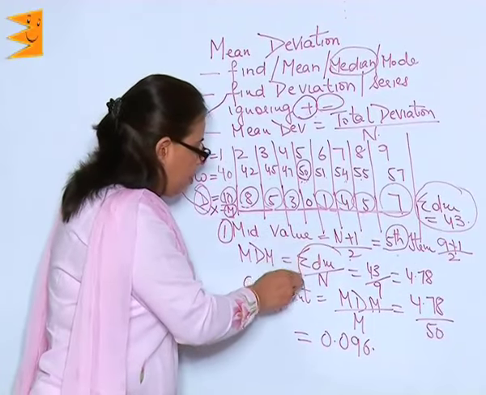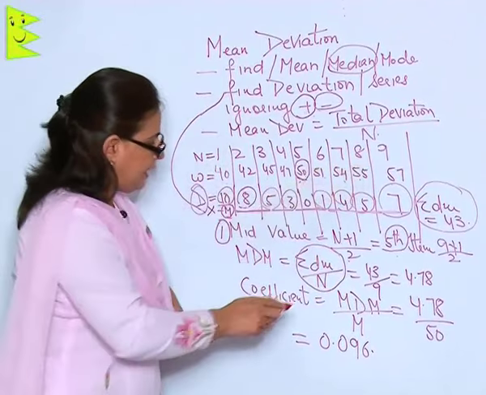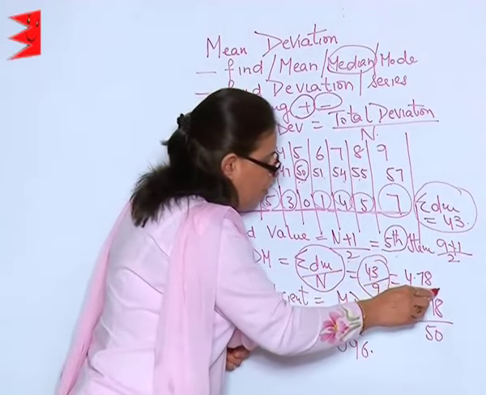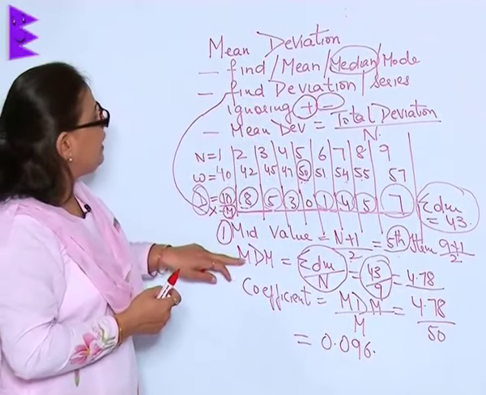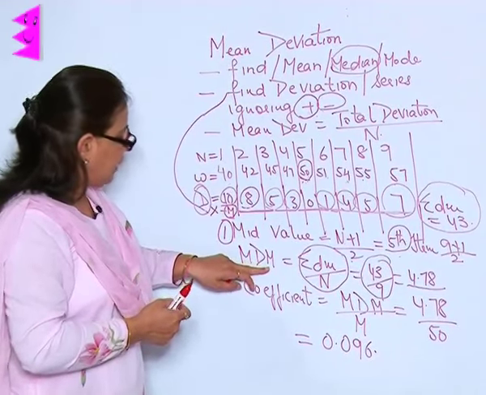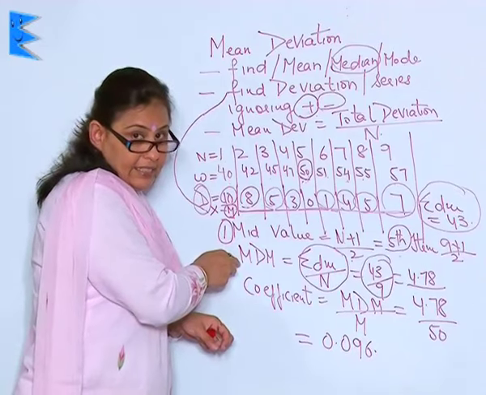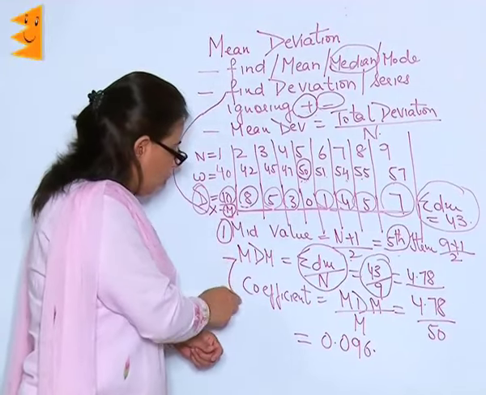Sigma DM upon the number of observations. The number of observations is 9, which means 43 upon 9 is giving me 4.78. So here is the mean deviation median. But this is the first part of it, and everywhere I said that we have to find out the relative measure also, that is the coefficient.